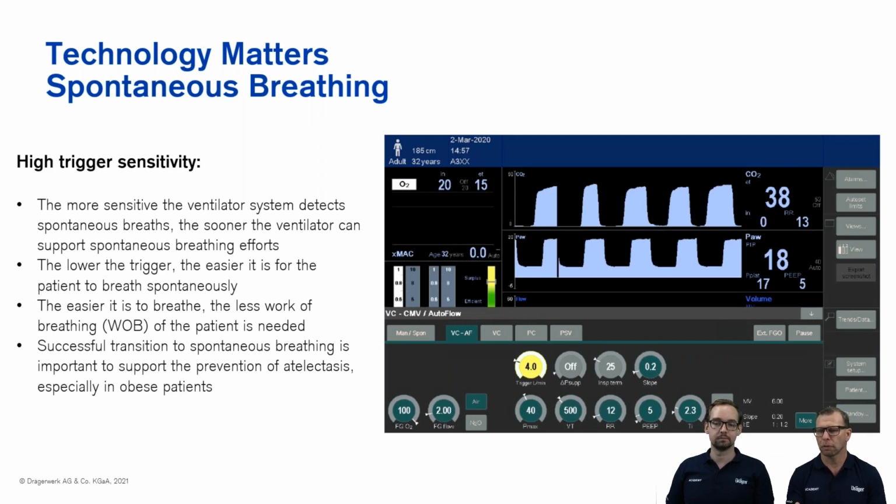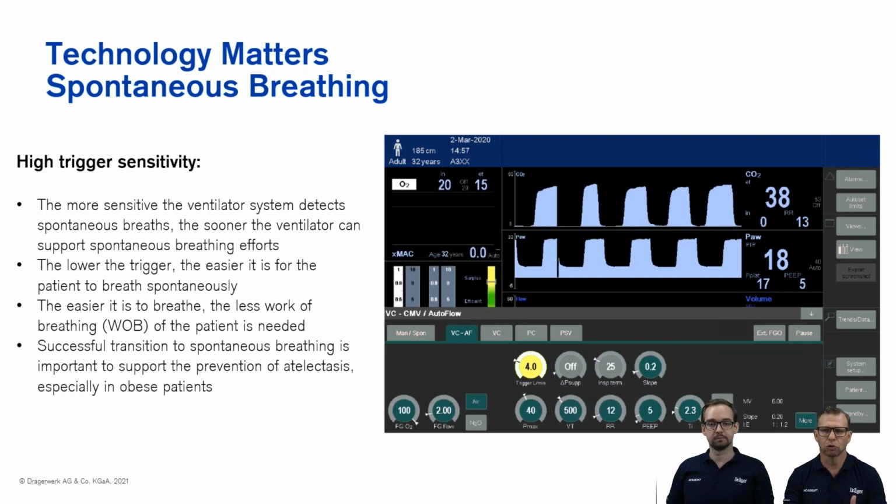Of course, we talked already about low compliance and spontaneous breathing. The best form of lung protective ventilation is spontaneous breathing and pressure support ventilation, if you can achieve that. And also in your volume mode autoflow or your pressure guarantee modes of ventilation, you want to be able to deliver spontaneous breaths when the patient requests that, and be able to deliver them with pressure support ventilation and effective and active PEEP to reduce work of breathing.